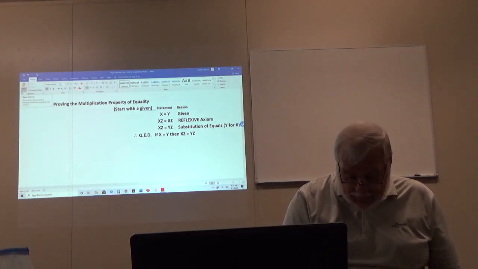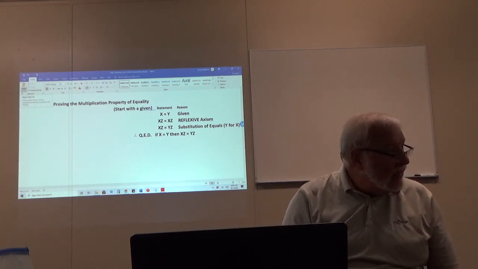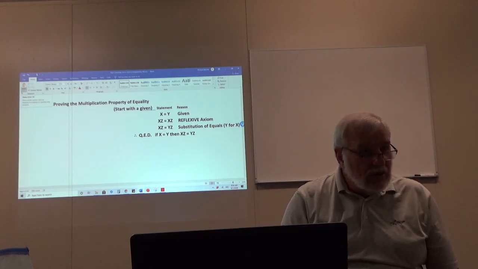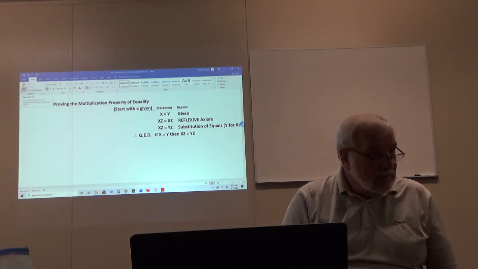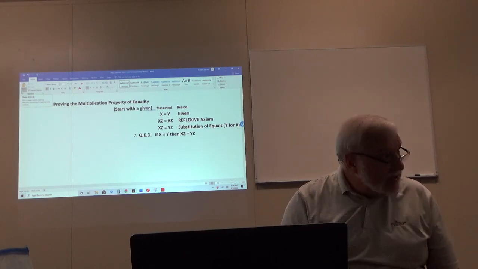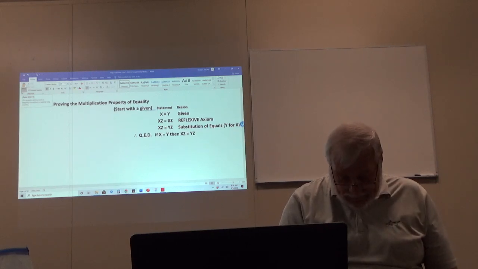How is it different from C? There's a 0. You added a 0. How can you add a 0 to a line and not change it? Or why can you add a 0 to a term and not change its value? Because of the identity property of addition. So that's how that 0 got in line D. Okay, now what happened in line E?